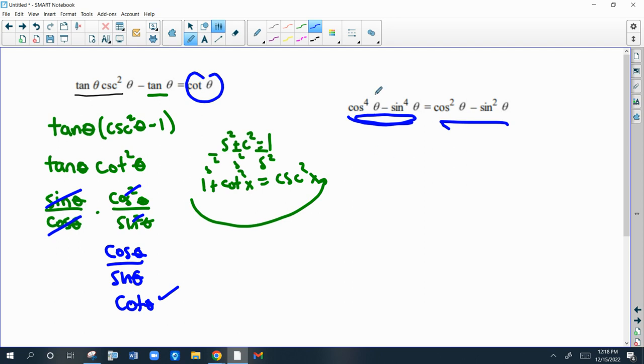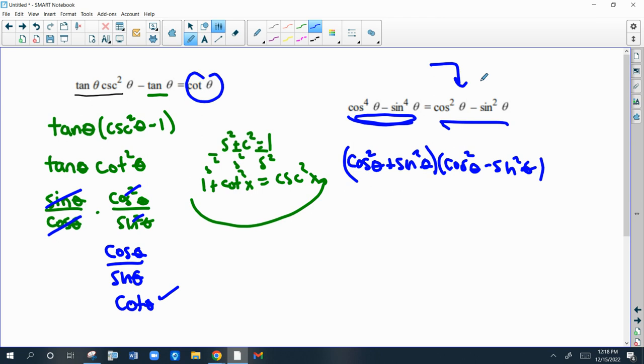So cosine to the fourth minus sine to the fourth factors into cosine squared plus sine squared, and then cosine squared minus sine squared. So this is all the left-hand side, but you can see that we just simplified it. It's already looking a lot more like the right-hand side.